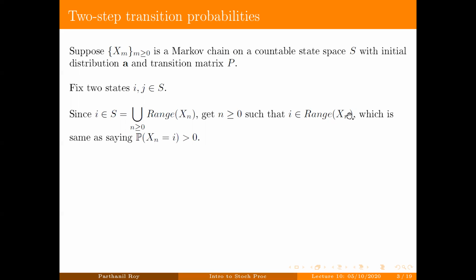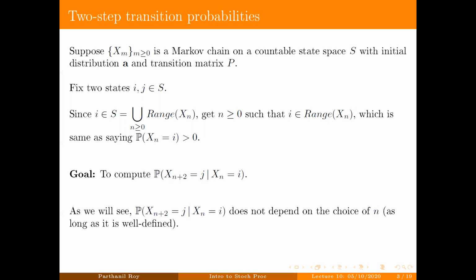Now, i is in the range of Xn is the same as saying the probability of Xn equal to i is positive. Which means the conditional probability of Xn plus 2 equal to j given Xn equal to i is well defined. We want to compute this.